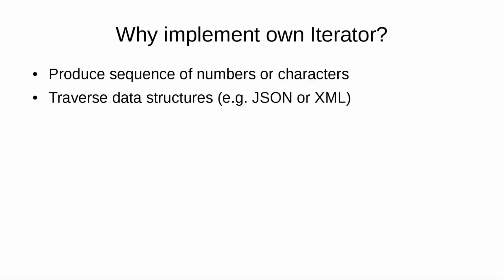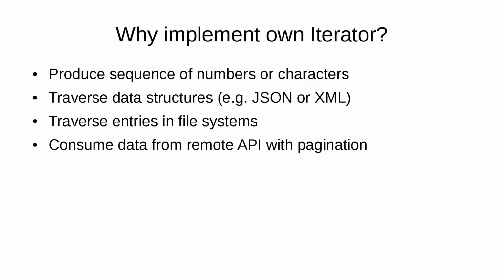There's a case when you need to traverse some data structure, for example, JSON or XML, and you want to produce some values depending on some filters. Another example, just traversing a file system. Or let's say you want to use some remote API with pagination and you want to iterate through items, but under the hood of your iterator you may use the pagination API.